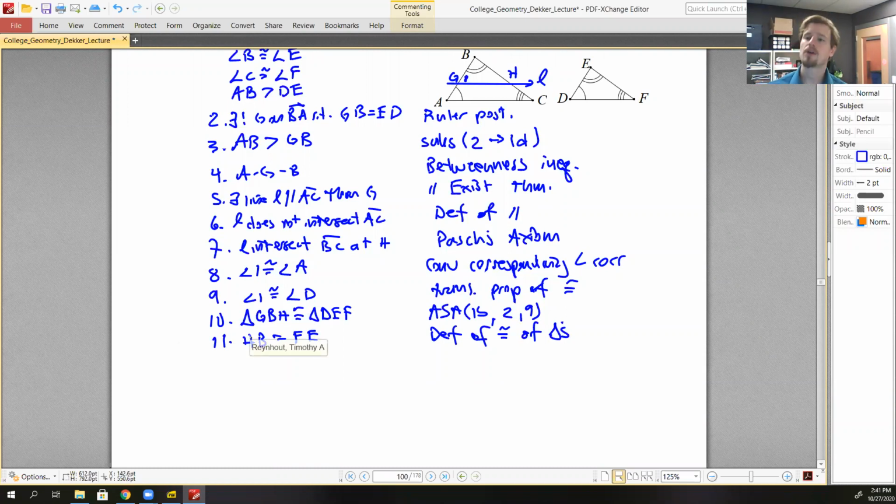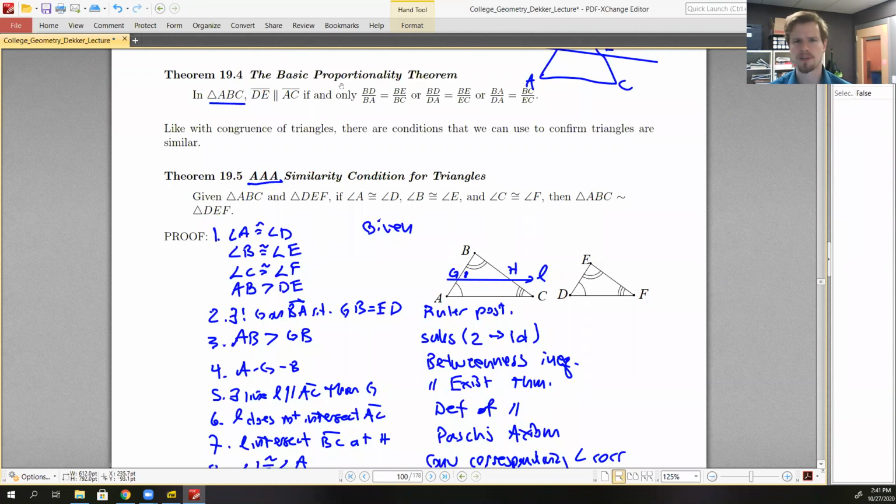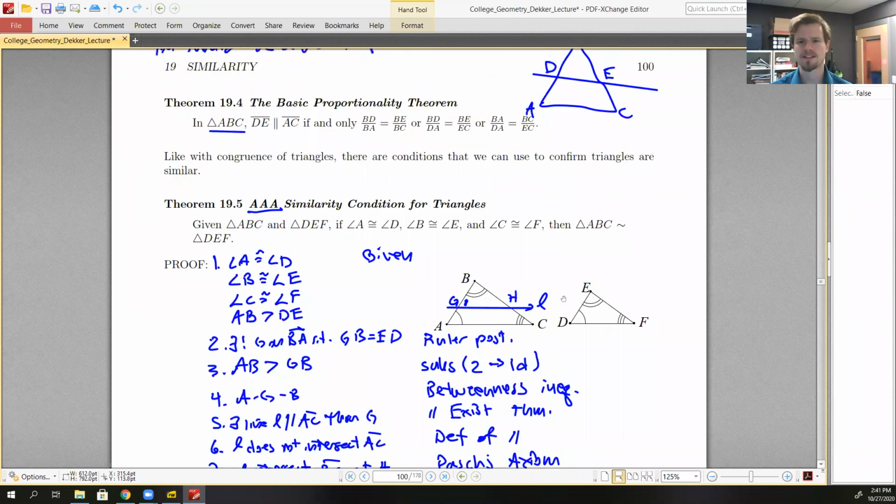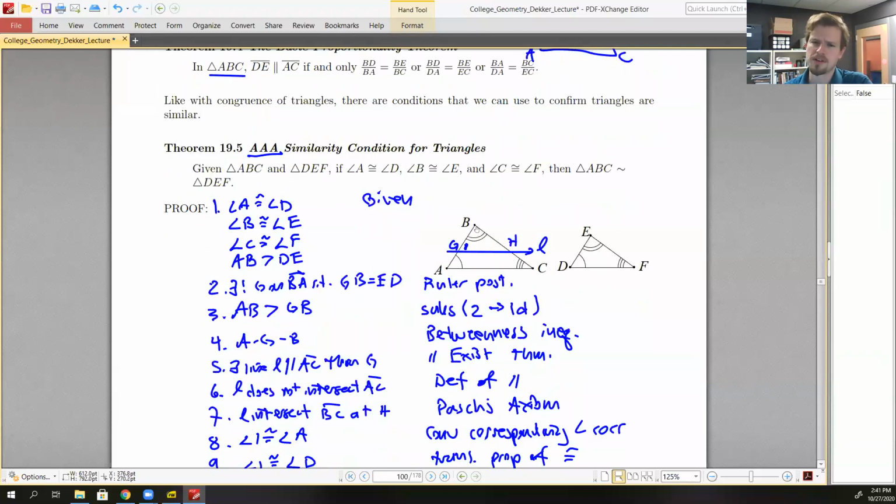Okay, so now let's go ahead and connect it back to the previous theorem, the basic proportionality theorem. Since I have parallel lines AC and GH, I can conclude, all right, the desired ratio here is side length to side length.